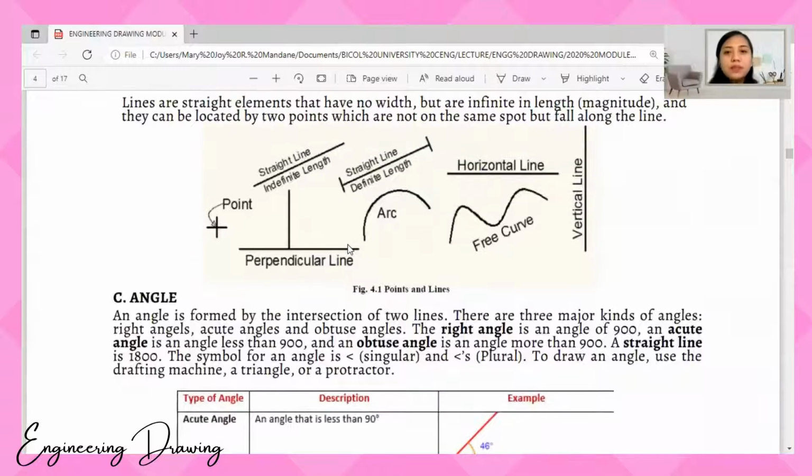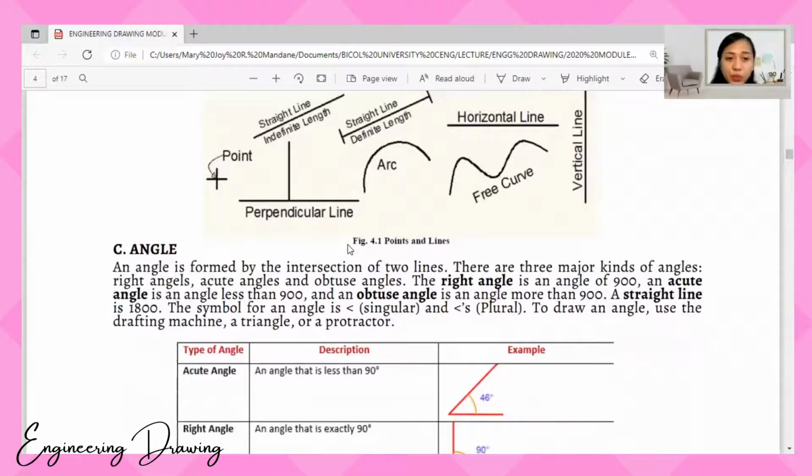And an angle, okay, this is formed by the intersection of 2 lines, and there are 3 major kinds of angles: the right angles, the acute angles, and the obtuse angles. The right angle is an angle of 90 degrees. And an acute angle is an angle less than 90 degrees.